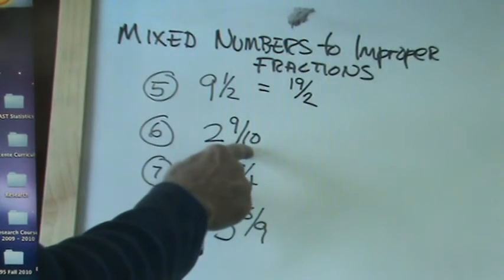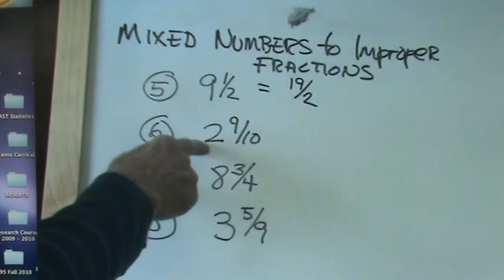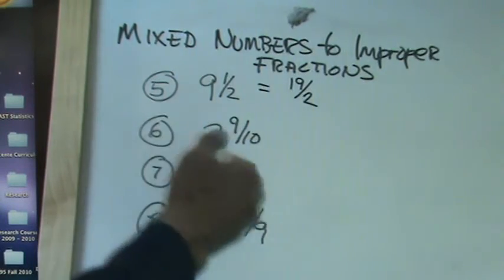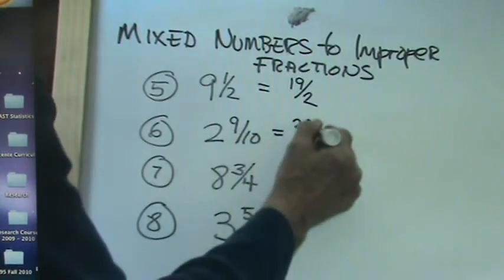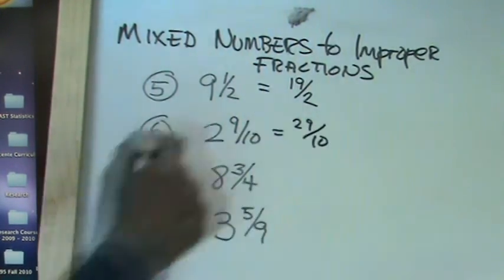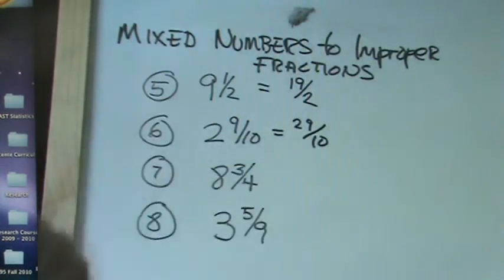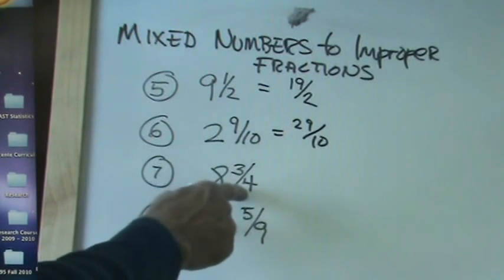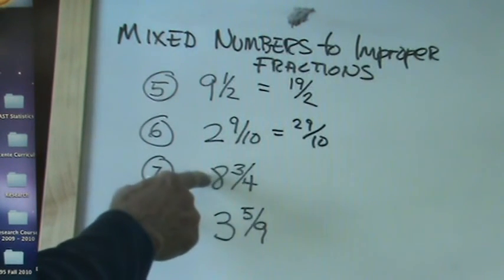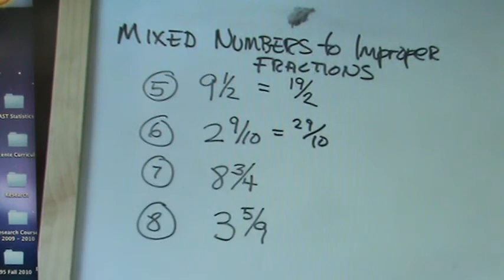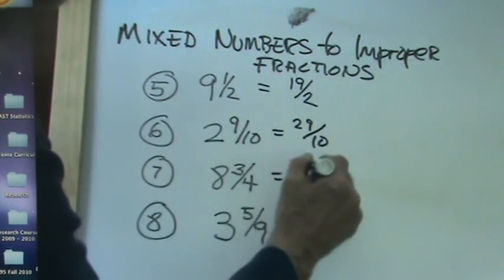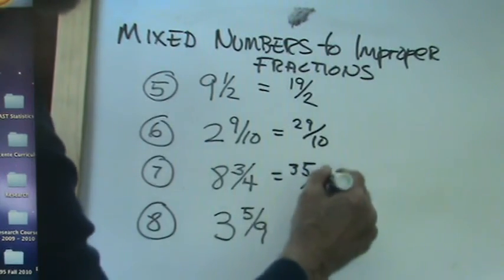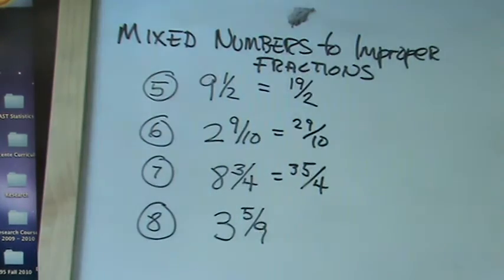Multiply the denominator, 10, times the whole number 2 is 20, plus the numerator 9, so that would be 29 tenths. Number 7, 4 is the denominator times the whole number 8. 4 times 8 is 32, 33, 34, 35, 35 fourths.